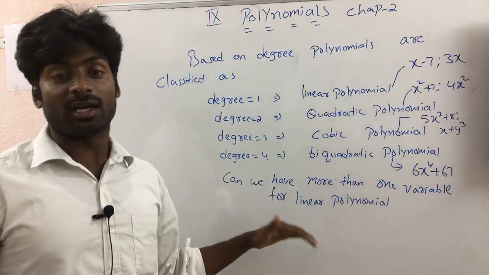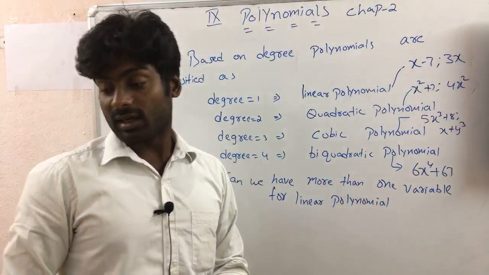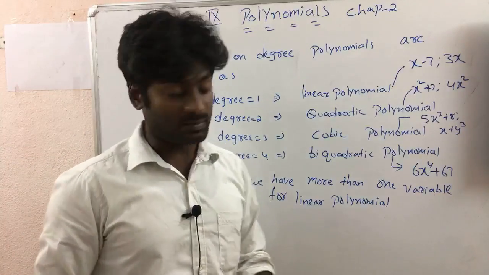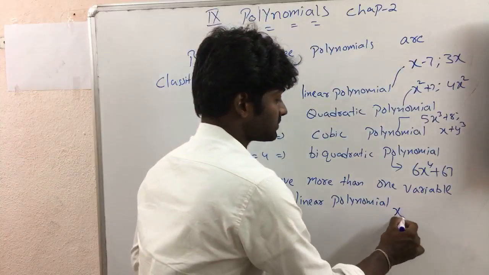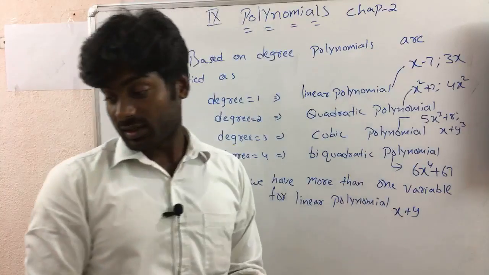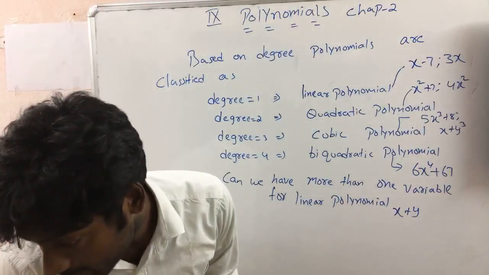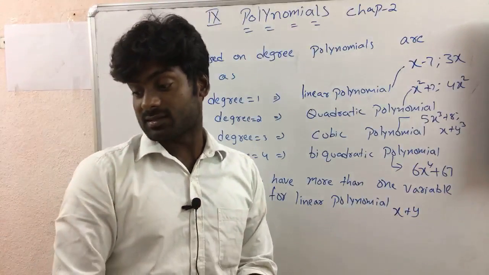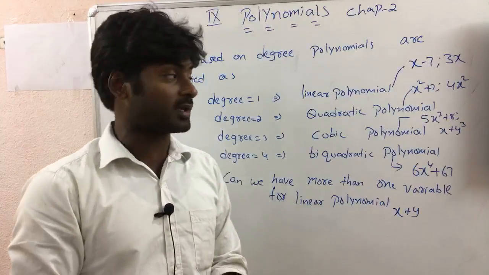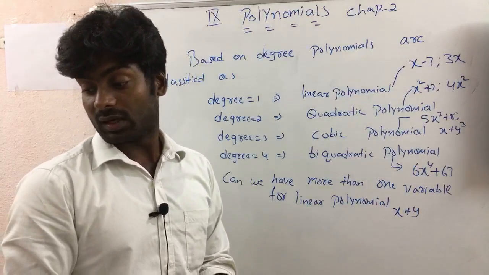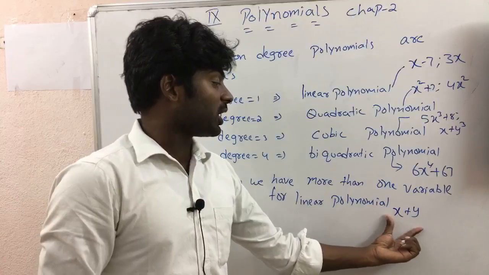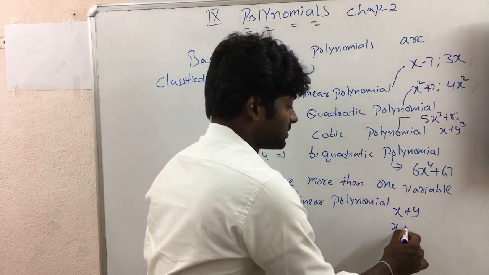We can take many variables. Shall we check once? x plus 3x is only one variable, and again you will get 4x on solving that. So x plus y, x plus 3y.